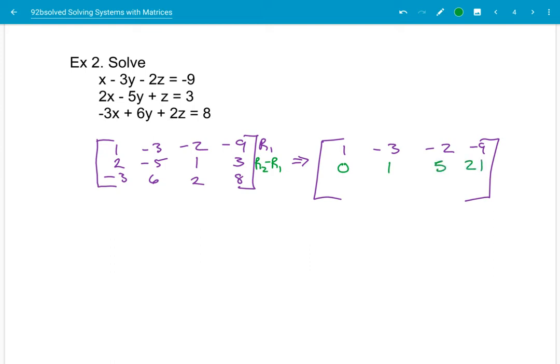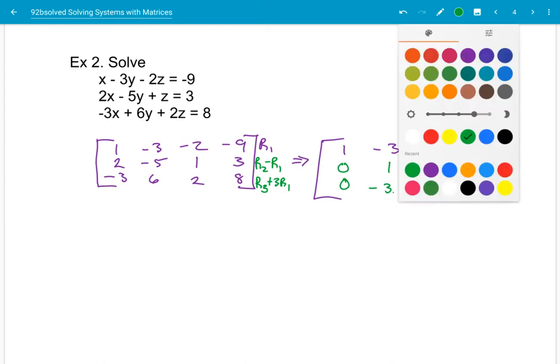Oh, avoided fractions, that's good. And I guess I could add all 3 together, but I'm just going to keep with that trend I had there. I got row 3 plus 3 row 1s. So that's 0, -3, -4, and -19.